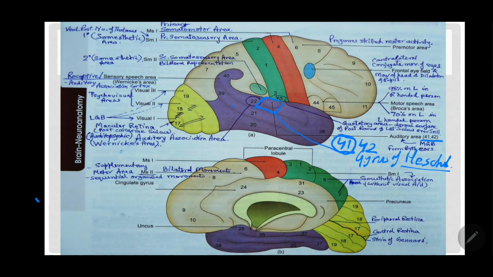Now about this gyrus, this is called the primary auditory area. Let's do a fast revision of the auditory pathway. I think there is less space, and if I try to draw, it will become crooked.